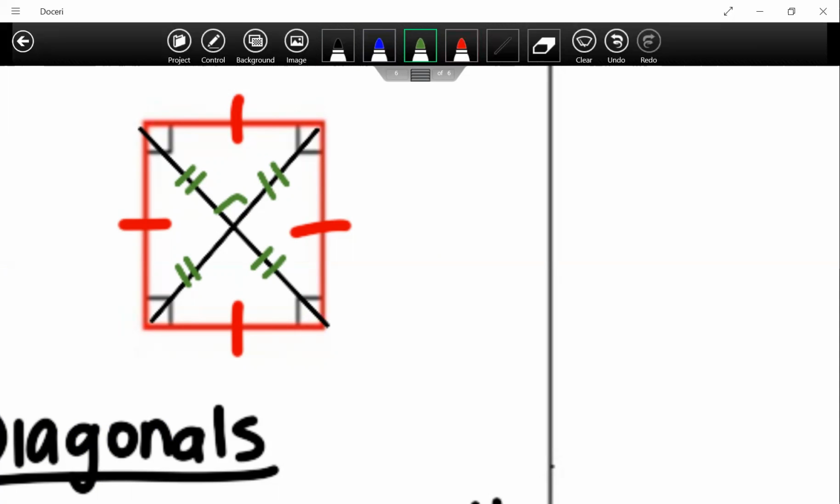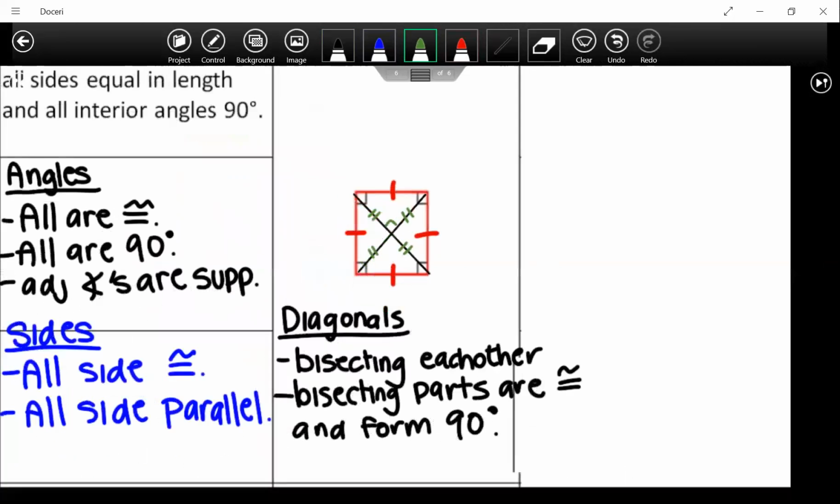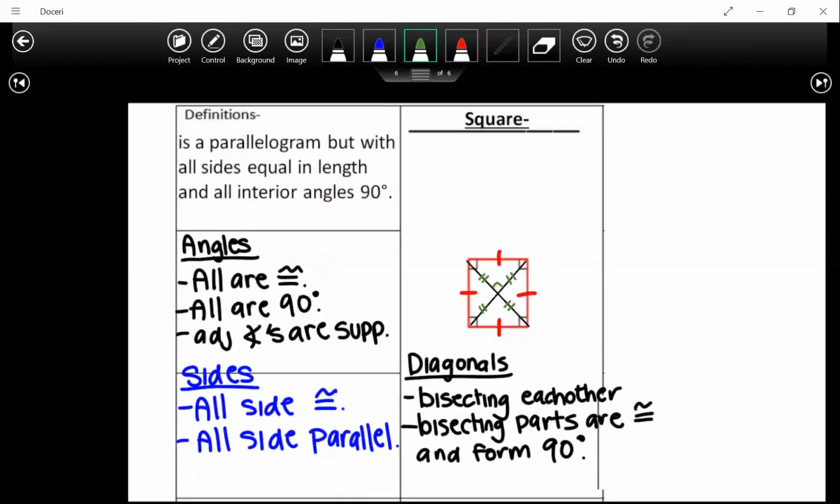Make a better right angle in there. So it shares a bunch of these properties that we're going to look at as well. Cool beans? We're good? Two more. How many more left we got? Two more? Cool. Let's do it.